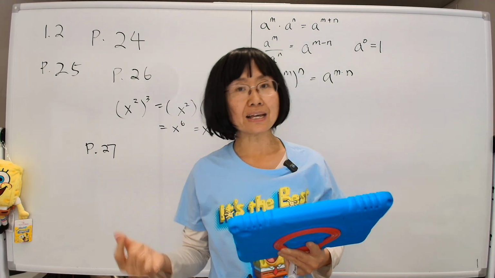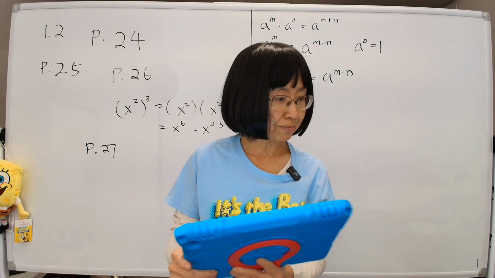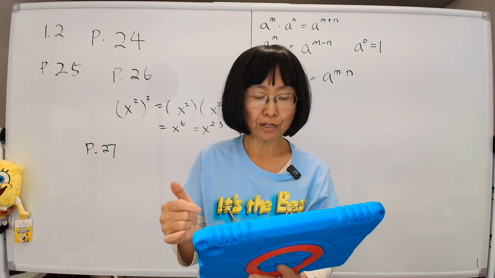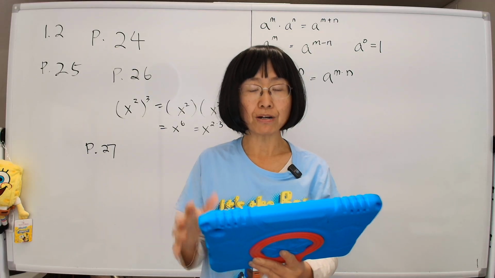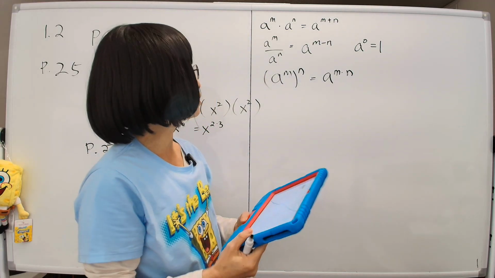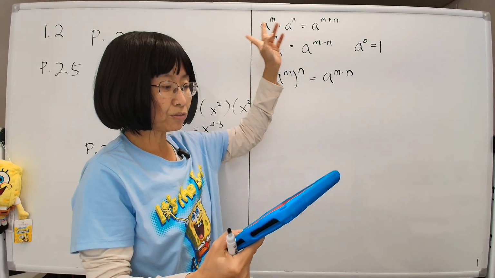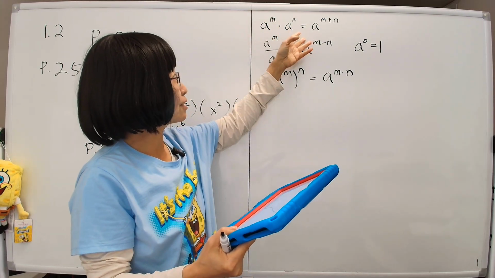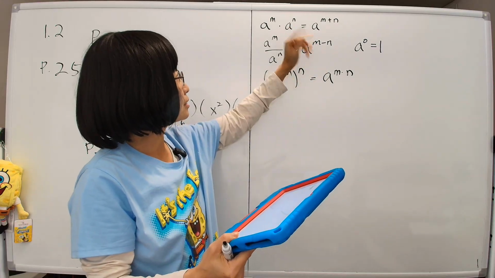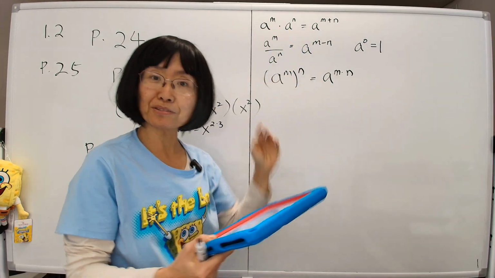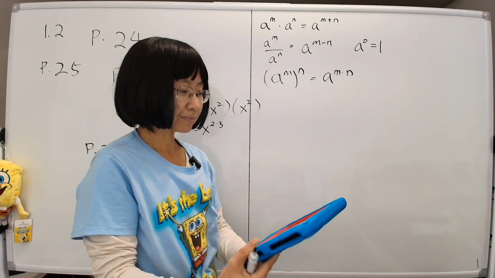So let's look at example 4. Please do example 4 as part of your homework, where you notice that your problems now are getting more and more complicated, but you use the same principle at each step. We'll use various rules as needed.